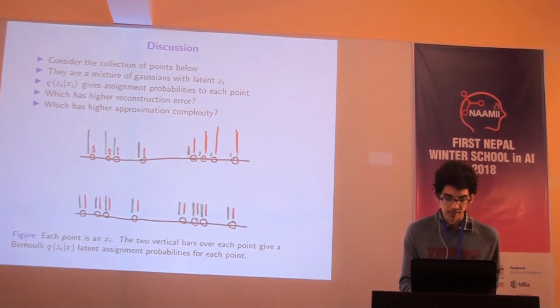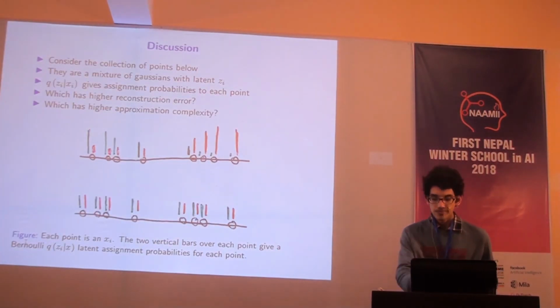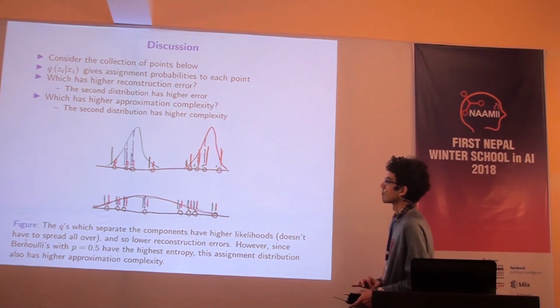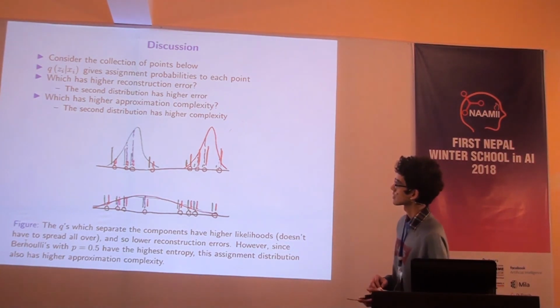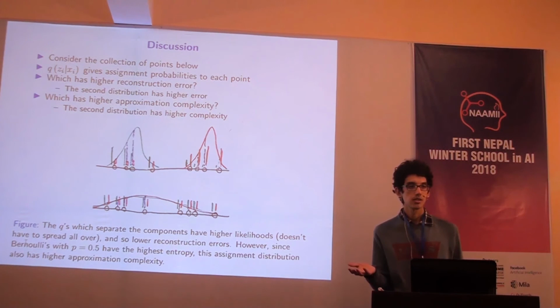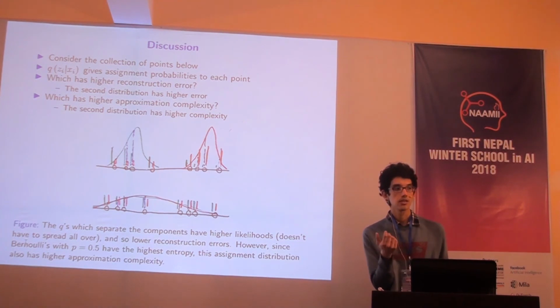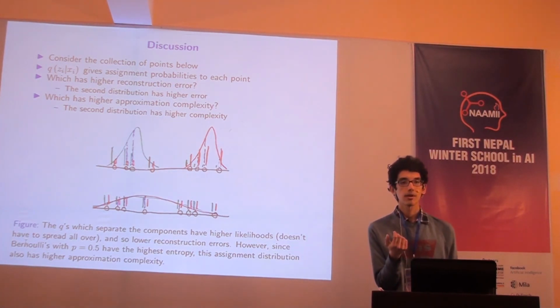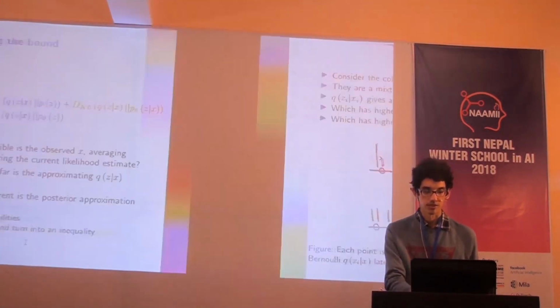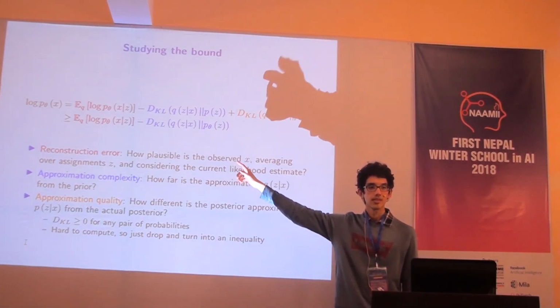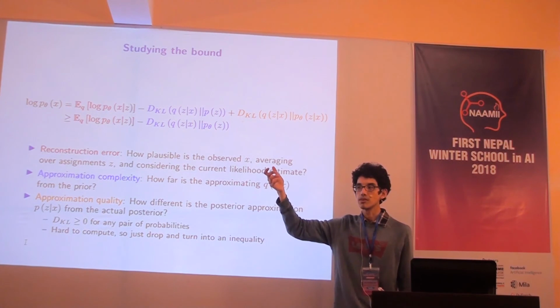And then the explanation, so what's going on, a lot of you see this. The second distribution has a higher reconstruction error. And why does it have a higher reconstruction error? If we want to be totally explicit about it, what is the reconstruction error? It's an average over this likelihood across my given guess at what the q's are.